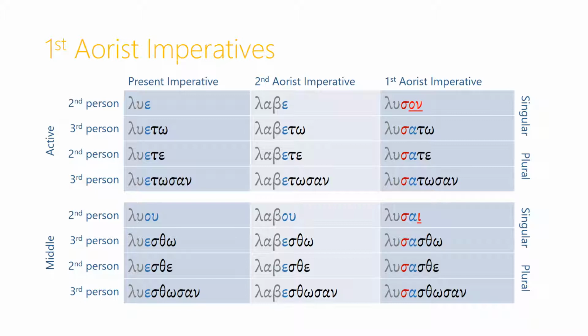And we'd be speaking to one individual directly, a second person singular. How do you know in a given case which it is? Is luci the first aorist infinitive, or is it the second person singular imperative? You really just have to judge by context. And so you look at the context and say, does it make more sense for this to be an imperative or an infinitive?